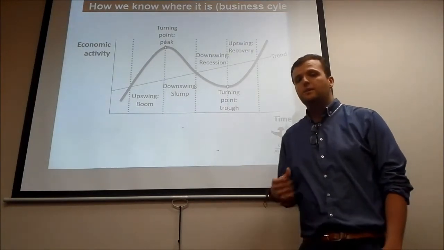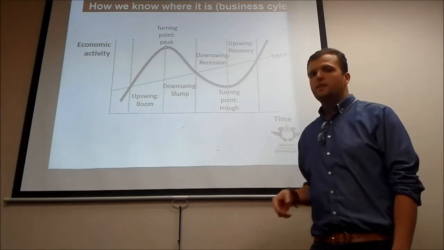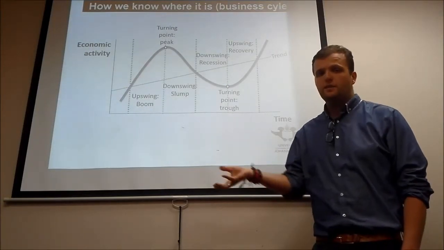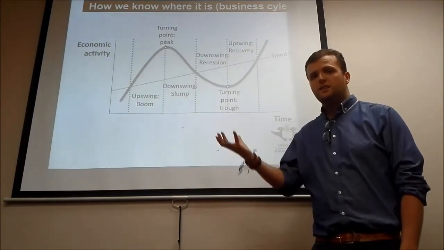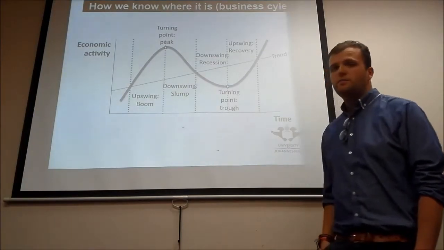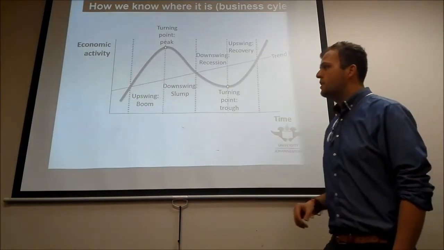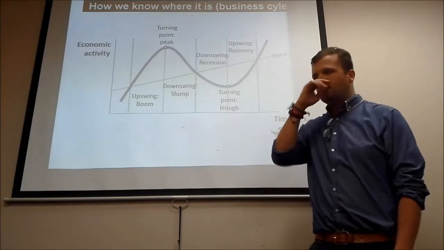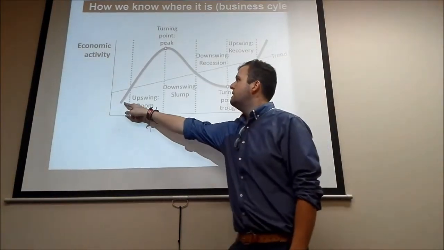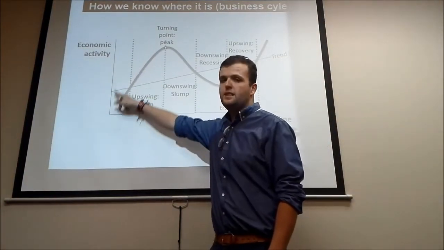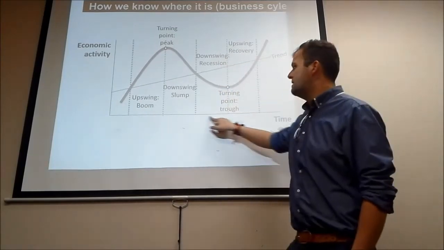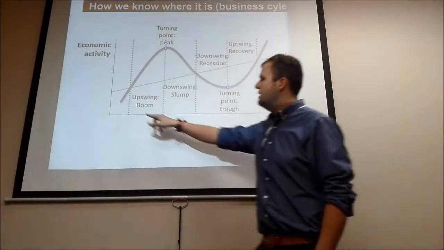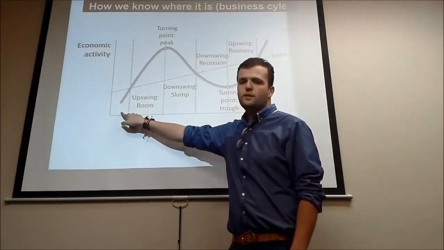Now exactly the same, the economy has different performances throughout a year or throughout a lifetime or throughout a certain number of years. Okay, so that's what we look at from this slide. We show you the economic performance of a country. So if you take this graph, this is your economic activity on this axis, and on this axis is your time. So here's your economy, let's say in 2005.